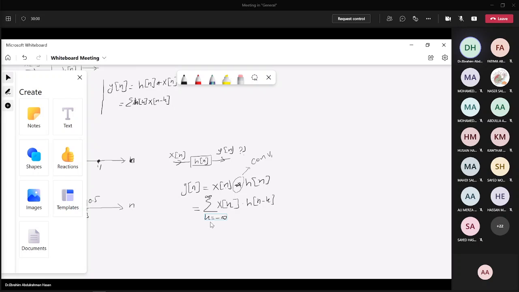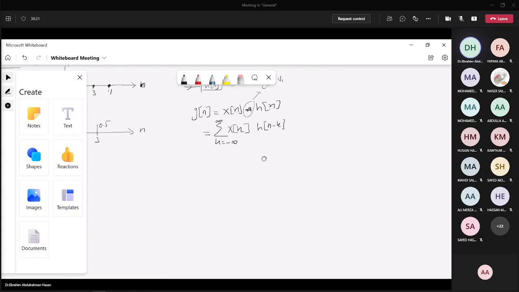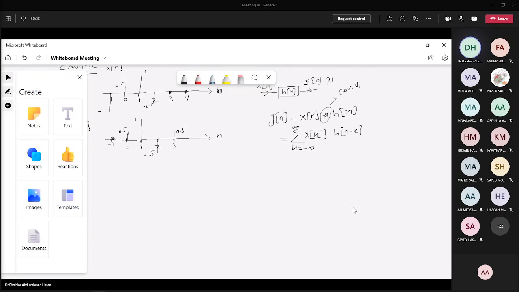Okay, to find y of n by applying this formula, we need x of k. X of k is equal to x of n, except that we change the variable from n to k. So for x we have exactly the same. So this is my x of k.